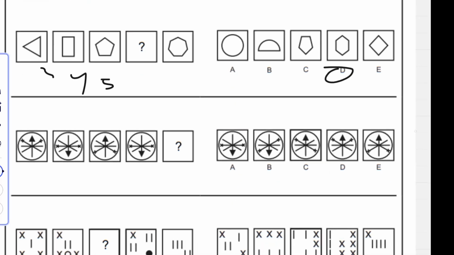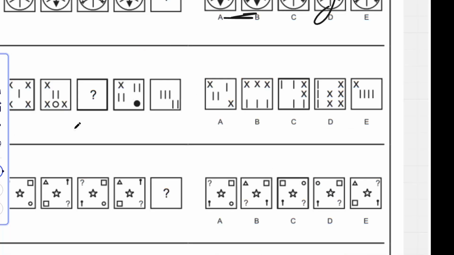Next one we have up, down, up, down, up. So we can cross out these. And then we can see that these little shapes on the end go position 1, 2, 3, and then go back to 2, then 1.